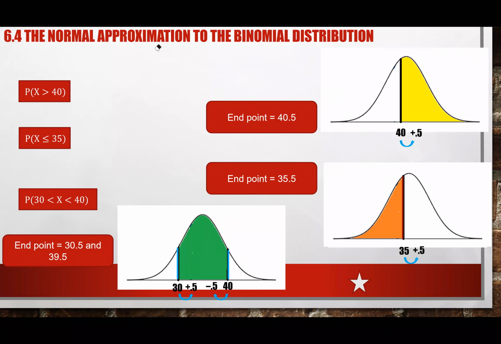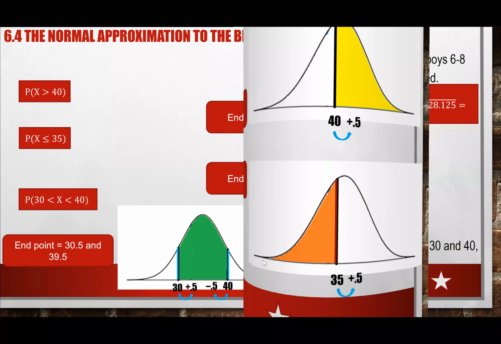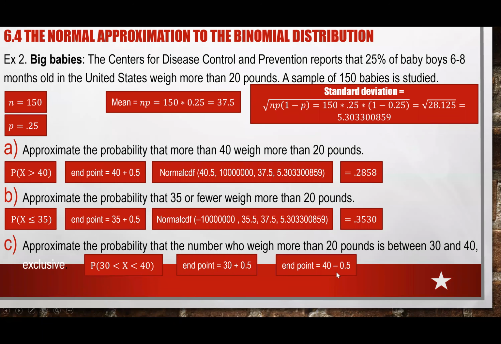At the end point, do I move to the left or do I move to the right? In this case, once you find your endpoint, hopefully everything else is just smooth sailing, because my left endpoint is 30.5, my right endpoint is 39.5.